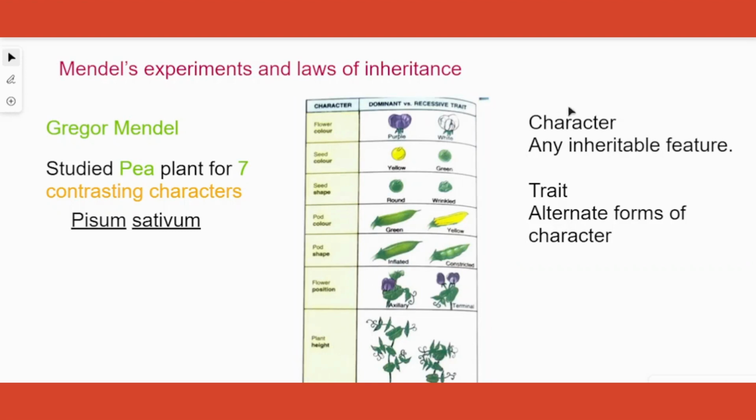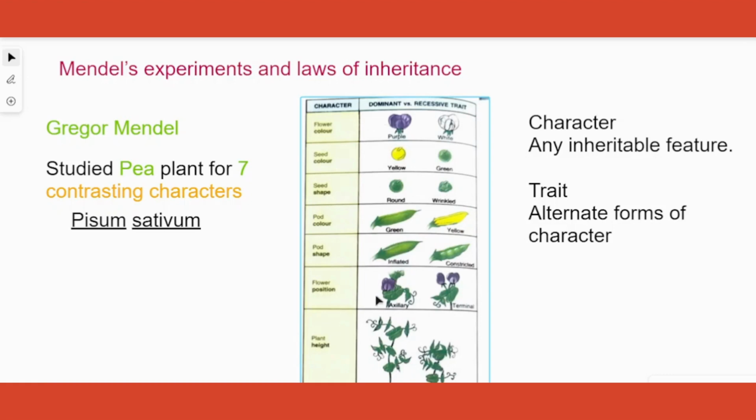If you take height to be the character, the 2 traits for that are tall and dwarf. It's not written here, but that is what is meant by character and trait. So, for height, the character is height and the 2 traits are tall and dwarf.